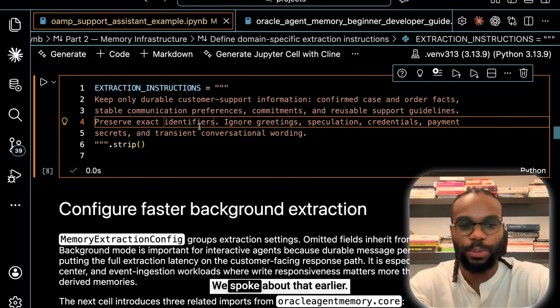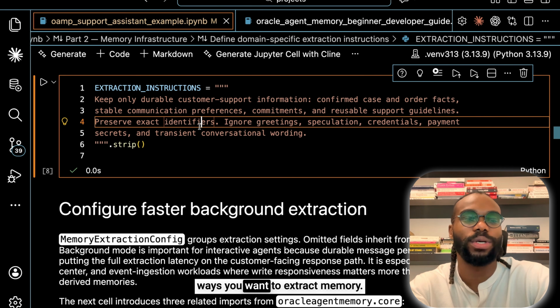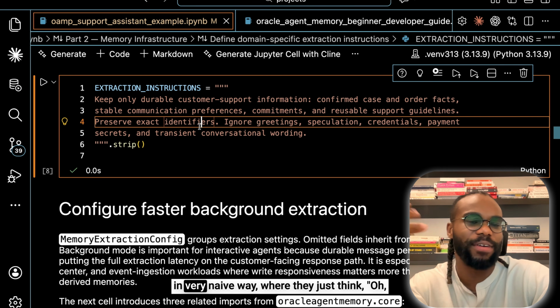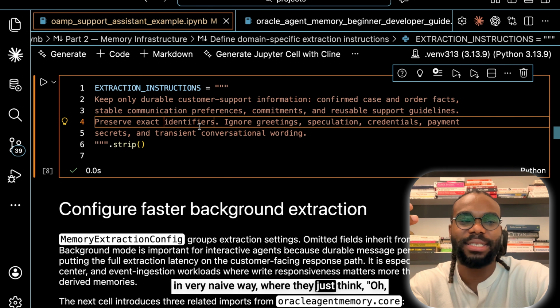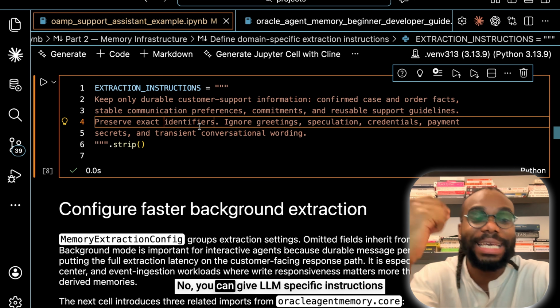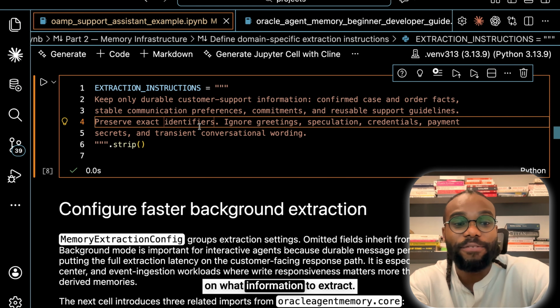We spoke about that earlier. But even within use cases, there are certain ways you want to extract memory. I've seen a lot of people implement memory in a very naive way, where they just think, oh, I just need to extract information. No, you can give the LLM specific instructions on what information to extract.